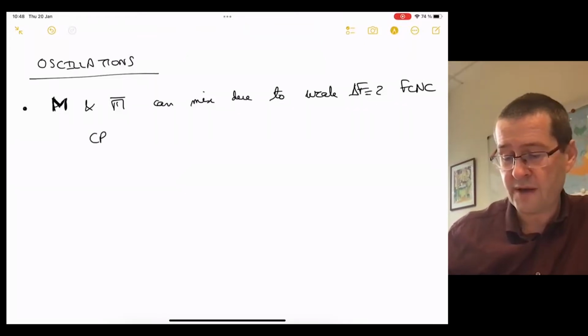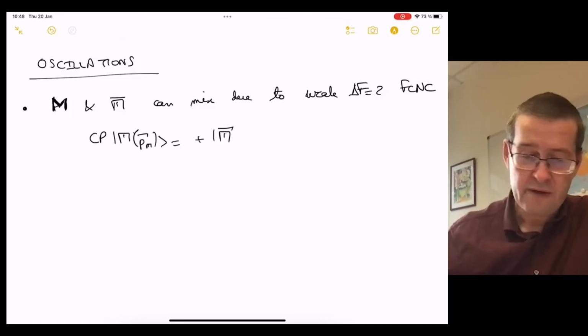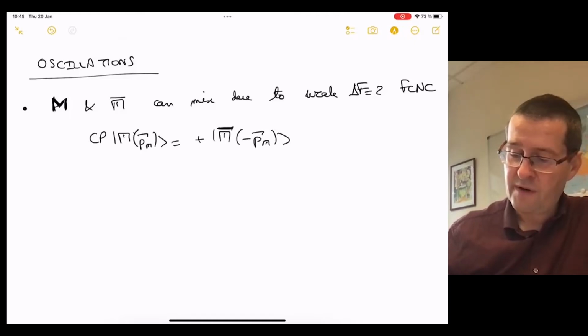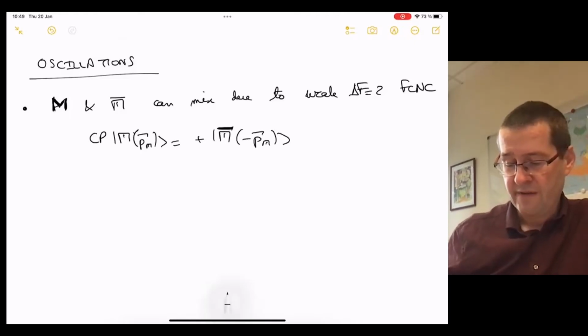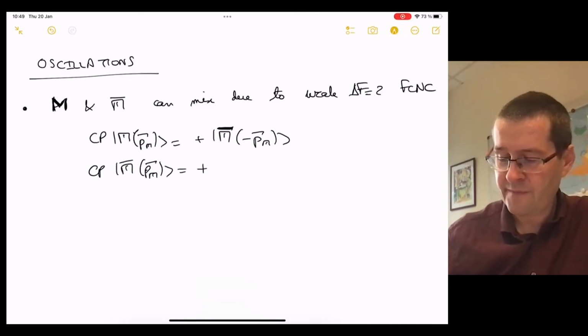One thing is that we can say that when we're applying CP with a given momentum, then, I'm sorry, it's a bar, it's not a vector. And the same thing goes for how you turn, obviously, an anti-meson into a meson.